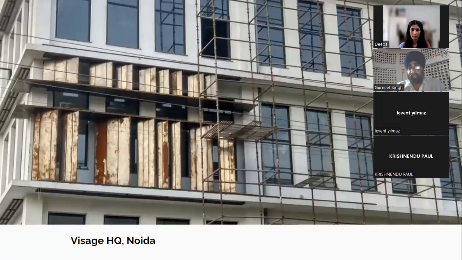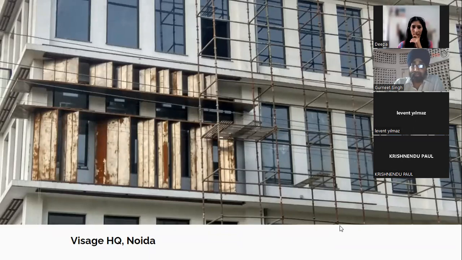One of the interesting things I would like to share on this, when we are talking about comfort: yes, shading was to block the direct sun, which has a direct impact on energy, but it also has an impact on the thermal comfort. We got a feedback when they were implementing this shading during construction.